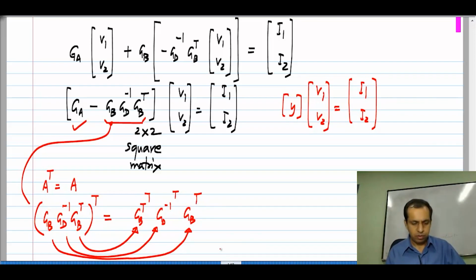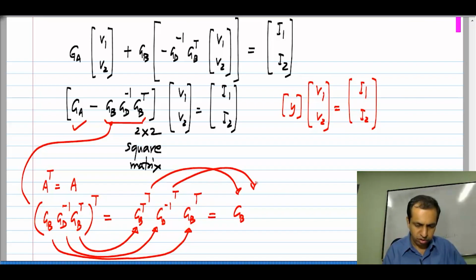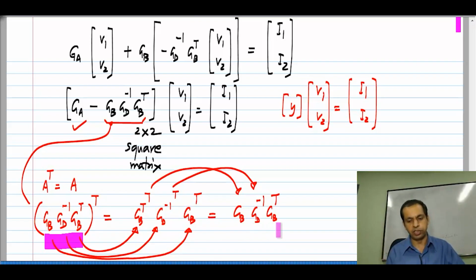Clearly, this is G_B transpose transposed again, so that is equal to G_B itself. Now, G_D itself is a symmetric square matrix, so its inverse will also be symmetric. So when I transpose G_D inverse, I get the same thing, because G_D inverse is also symmetric. And finally, I have G_B transpose. So the transpose of this is exactly the matrix itself, because that is the matrix I started off with, G_B times G_D inverse times G_B transpose.